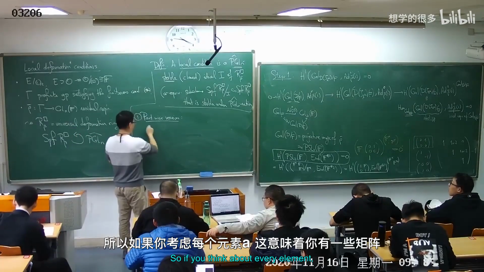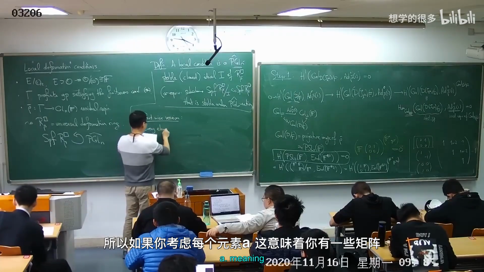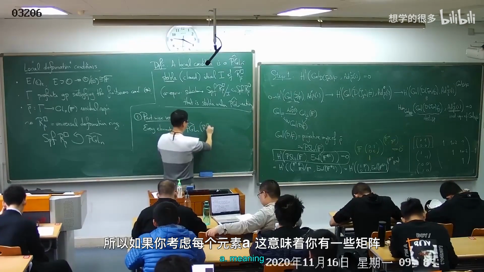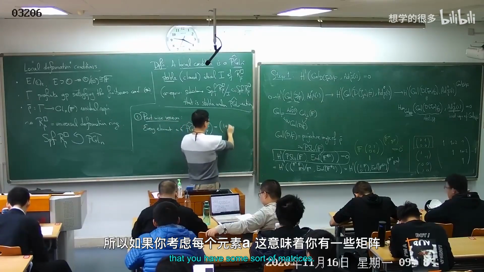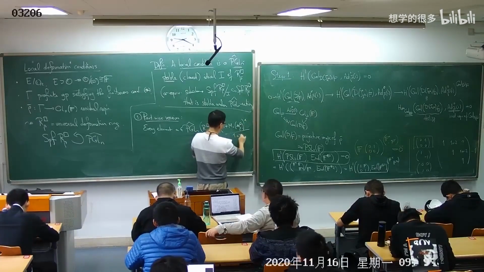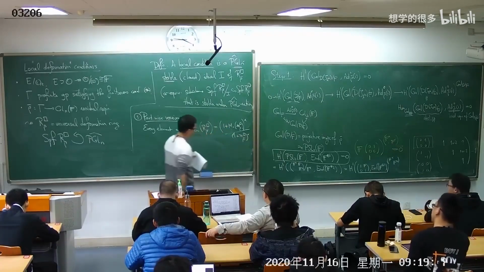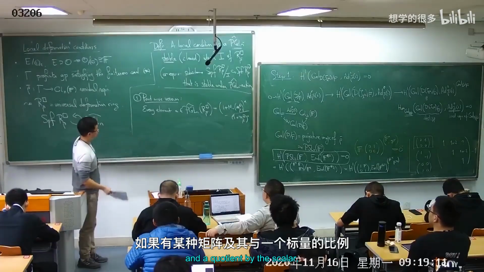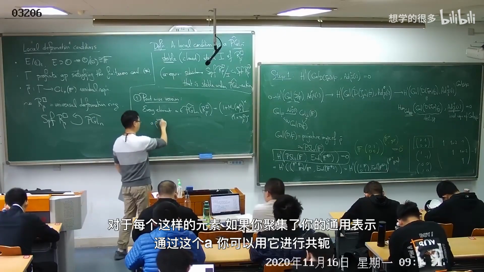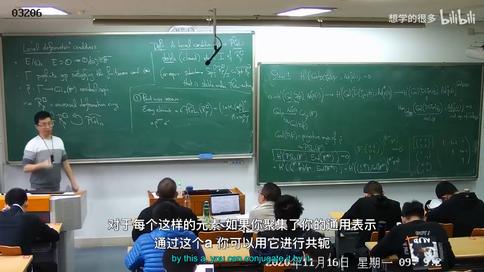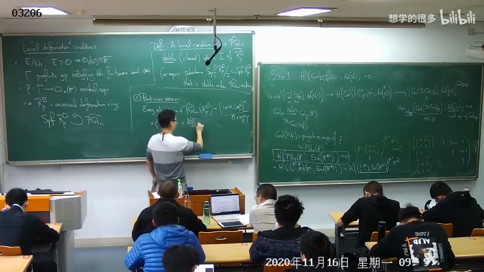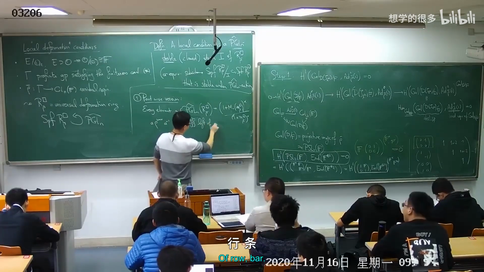It's the following. So if you think about every element A, meaning that you have some sort of matrices, and you quotient out by the scalars, for every such element, if you conjugate your universal representation by this A, this is a different lift of rho bar.